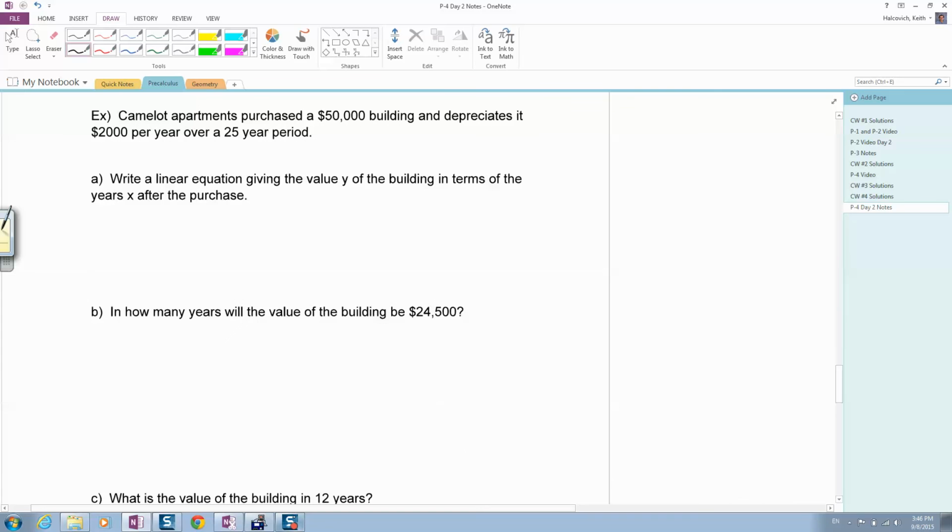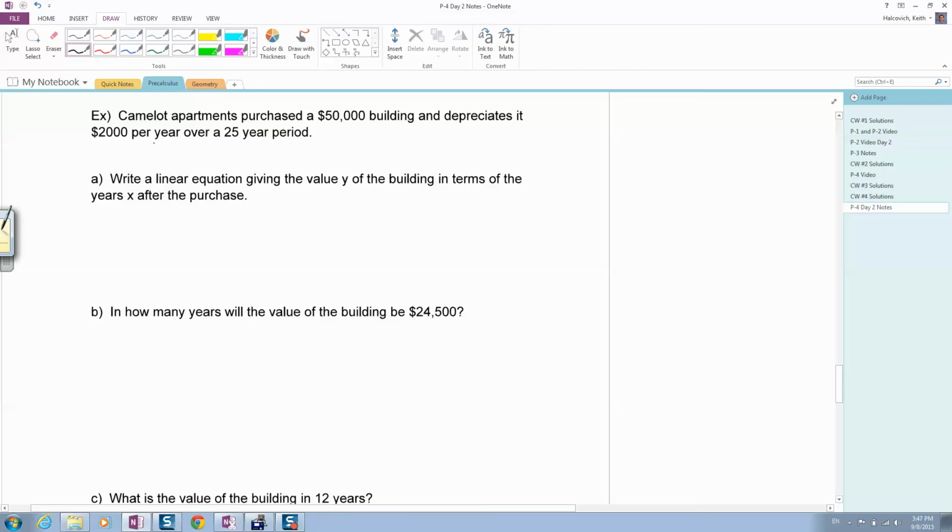So here's the first word problem. The first question here says the Camelot Apartments purchased a $50,000 building and it depreciates $2,000 per year over a 25-year period. So when they initially purchased the building, it was worth $50,000 and then it depreciated $2,000 per year over a 25-year period.